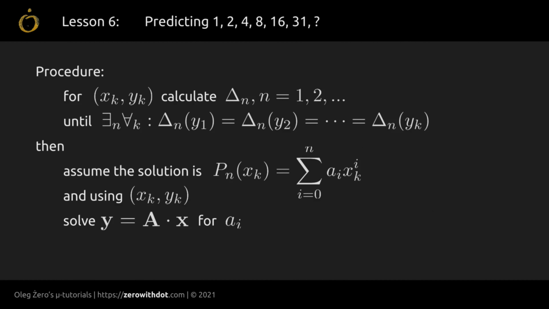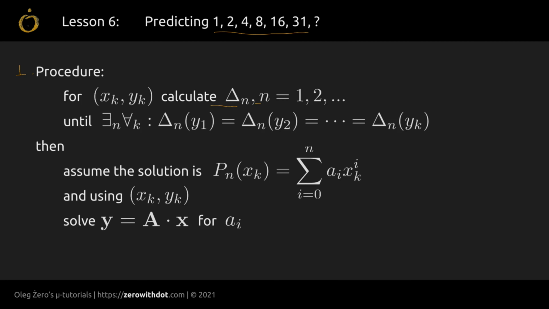Okay, so how is this problem going to look for an nth degree polynomial? Again, we don't know what the degree of the polynomial should be to predict the continuation of this sequence. So the general procedure is two-step, and in the first step we need to find n. For the pairs of numbers that we have, we keep calculating the differences all the way up to n.